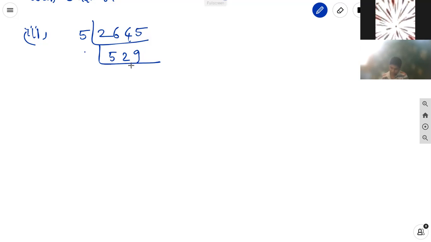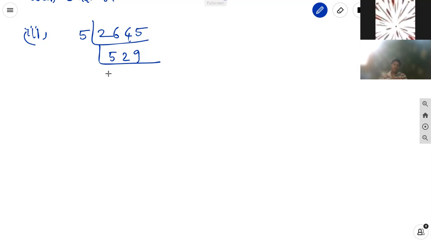Here for 3, check with 3. 3 ones are 3, it's 22. 3 fives are 15, 16. 16 is not divisible by 3. And 2 and 3 are not, then 6 is not, 5 is not, 9 is not, then 7.